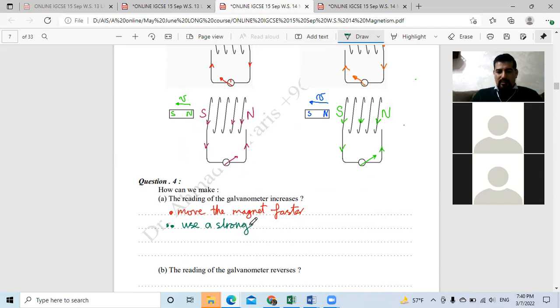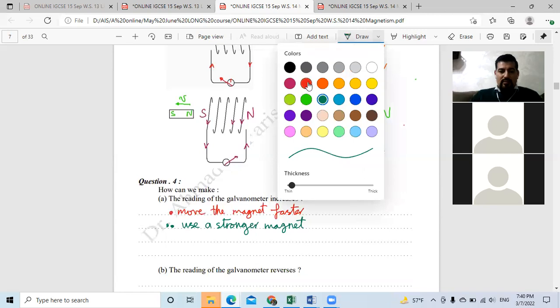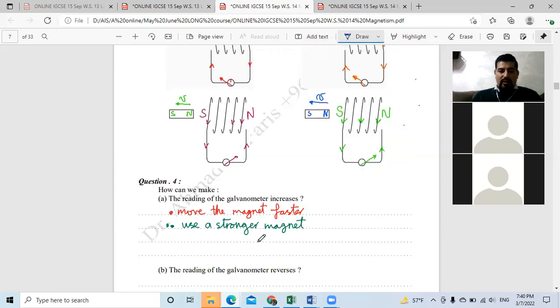Whenever the magnet is stronger, that means there are more magnetic field lines, so more will be cut. Number three, more turns for the solenoid.